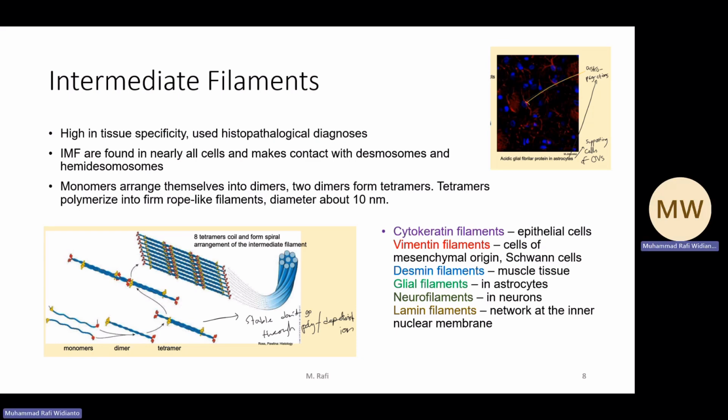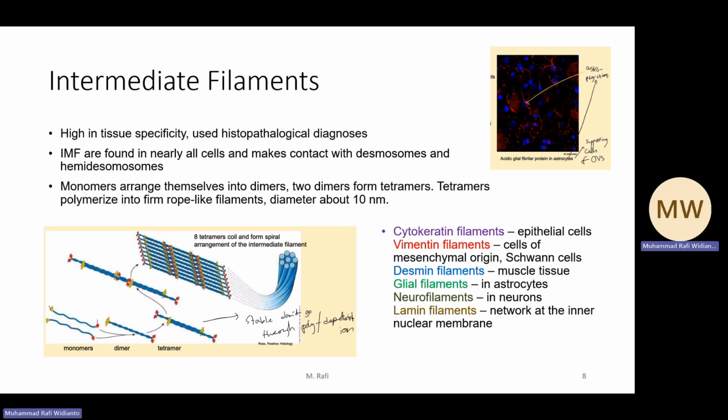IMF is generally found in all cells and makes contact with desmosomes and hemidesmosomes, as we saw before. They can arrange themselves into dimers or tetramers, and once they become some sort of rope shape, they become stabilized.